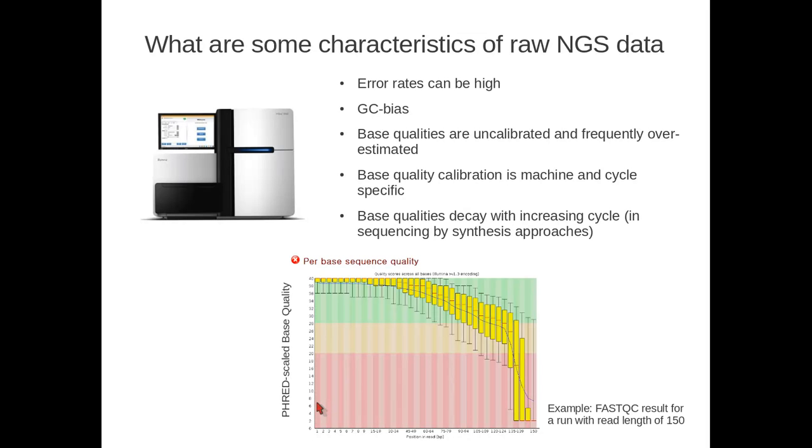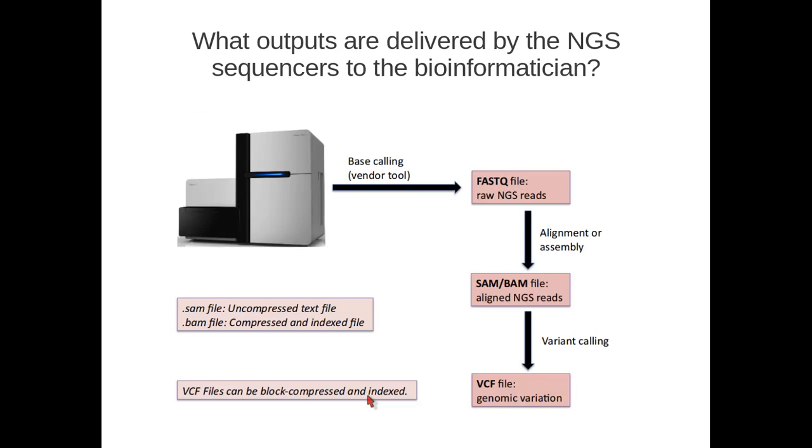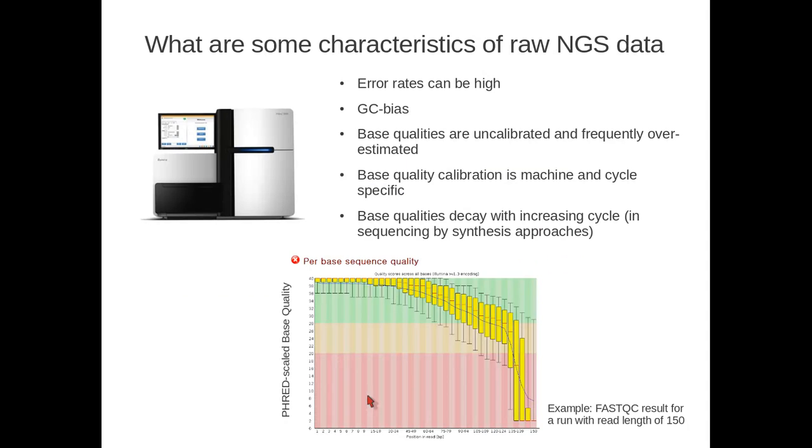I should point out here some basic properties of sequencing experiments. This comes from my own experience, and I think it'll be really useful for you to familiarize yourself with some of the basic things that I worry about, and that anybody handling raw sequencing data should be aware of. First of all, error rates can be high.